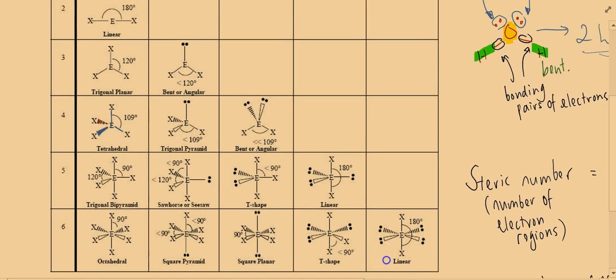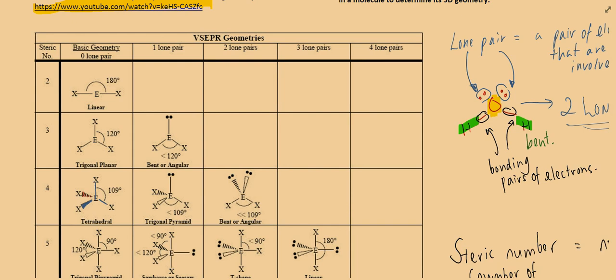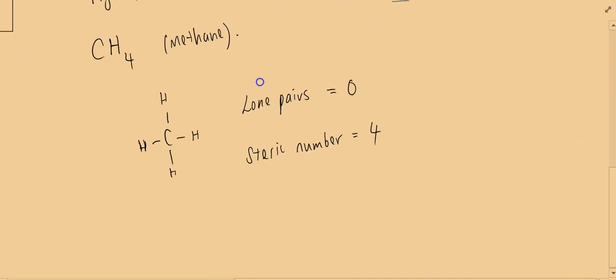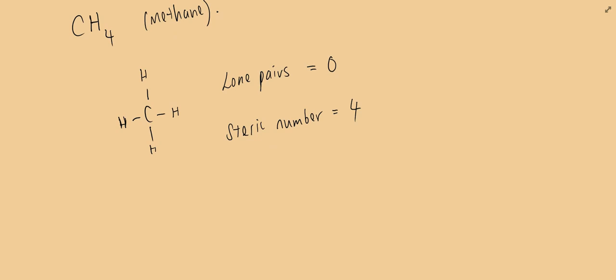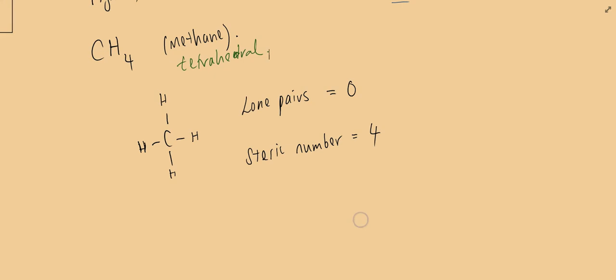So if you go to your table, you would find that in the column with no lone pairs, going down to a steric number of 4, we get the tetrahedral shape. So methane is tetrahedral in three dimensions. Tetrahedral. Okay.